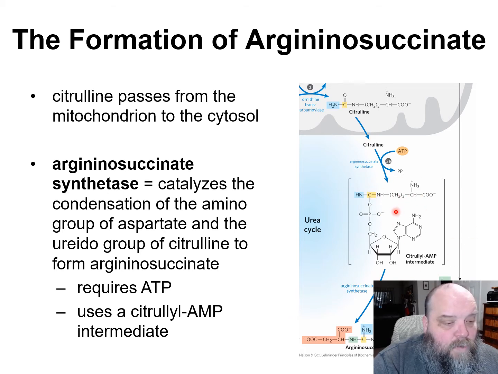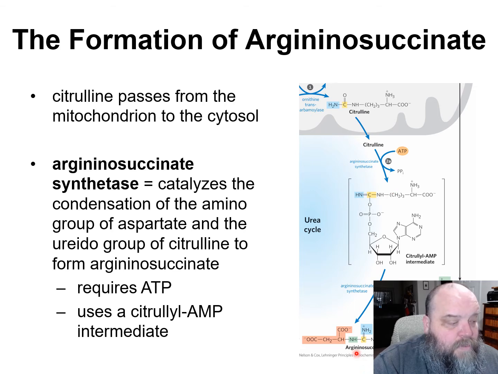Why do this? Well, it powers the addition of, and you can't see it here behind my big head, so look on the handouts for this lecture, it powers the addition of aspartate to our citrulline here.